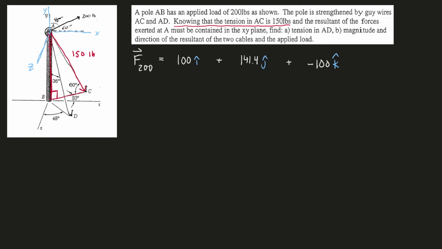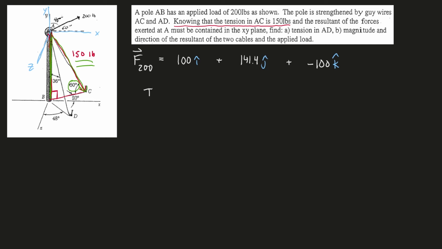So we know here's our vector, 150. It's this hypotenuse right here. And we can use the sine of 60 degrees to get this opposite side, which will be the y component. So that's really easy. It's just one step. Let's just do it.